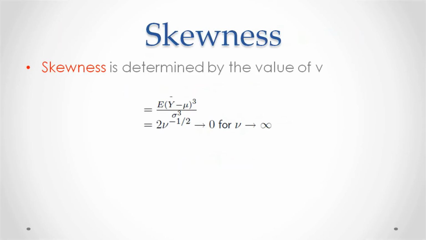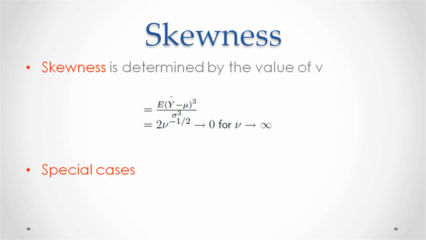The skewness is measured by the expectation of y minus mu cubed by sigma cubed, which for the gamma distribution turns out to be 2 nu to the power minus half and tends to 0 as nu tends to infinity.